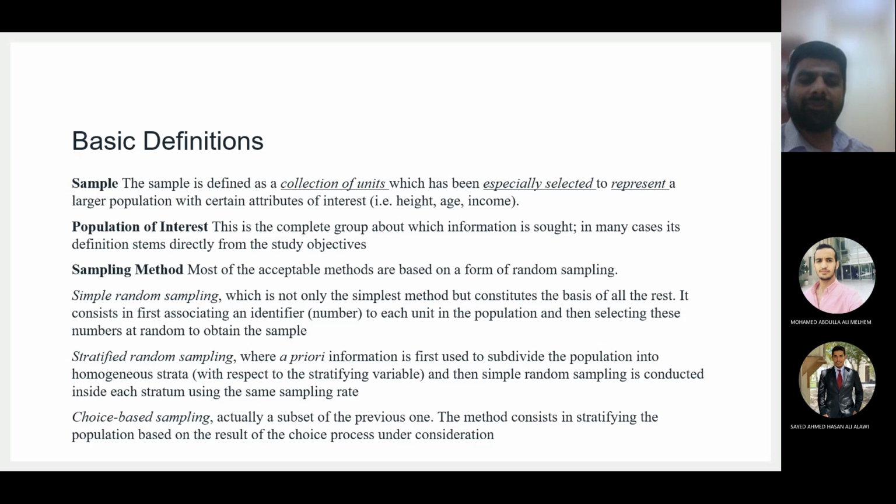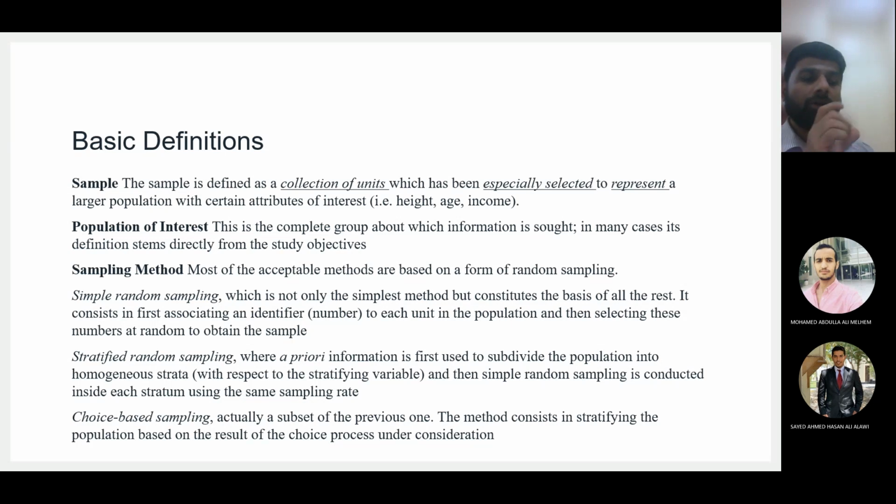Then we have stratified random sampling. Stratified random sampling is something similar to segmented modeling, the last thing which we did in the previous chapter. So you know about your population that you can divide it on the basis of gender or income or location, whatever.